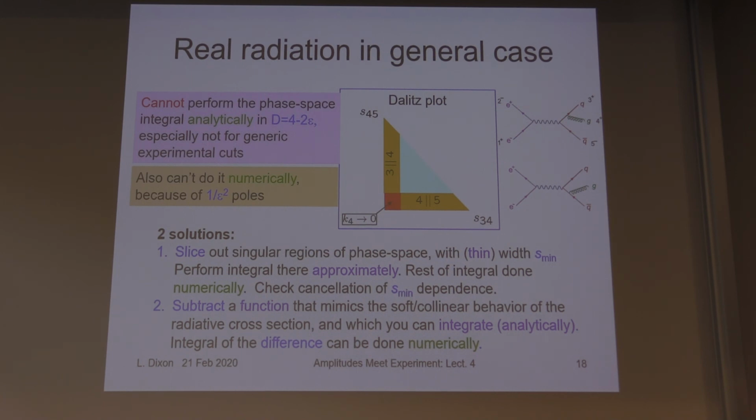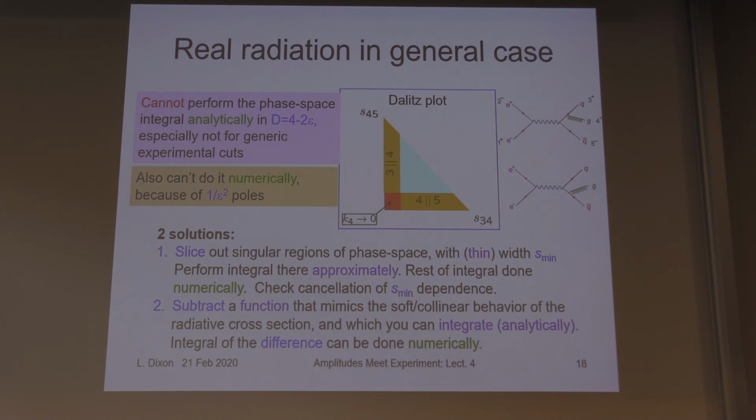If you want to go to very general processes, there are perhaps other variables that are better. There's some variable called n-jettiness, which at least one of you worked on as a summer project. And it can be used as a way of separating the singular regions from the non-singular regions in any type of event. And furthermore, the factorization of the processes is understood through resummation in n-jettiness to high orders. And so you can use that to work out the analytic behavior on this n-jettiness parameter that is analogous to the S min here.